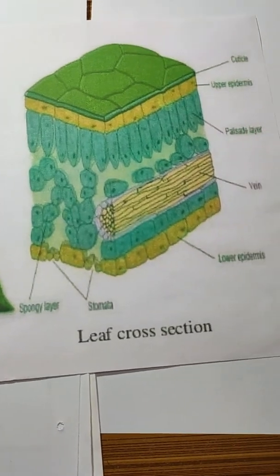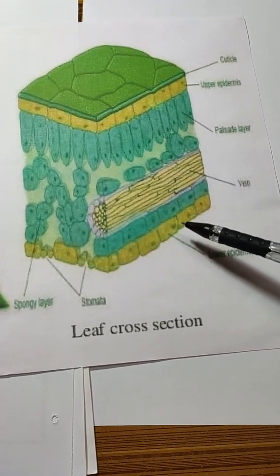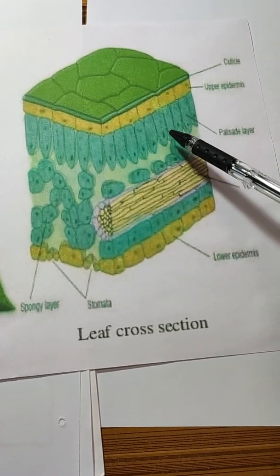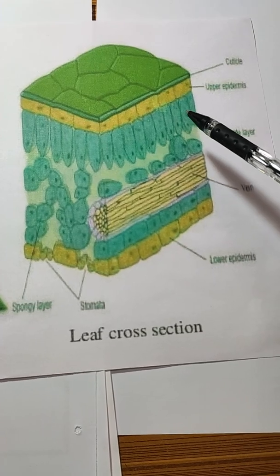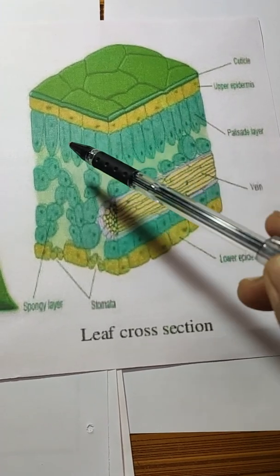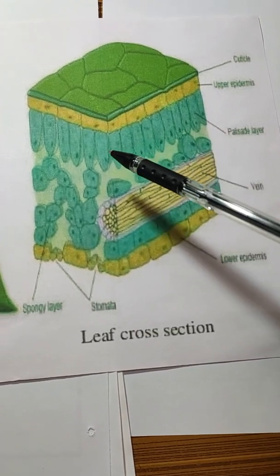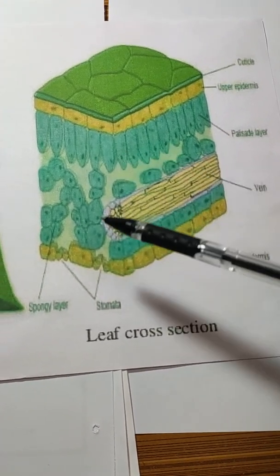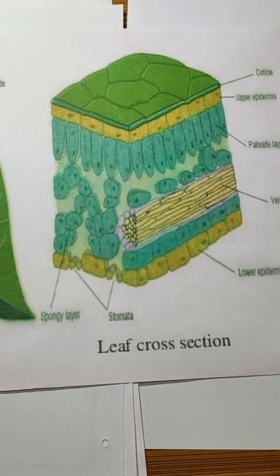When you take a cross section of the leaf, we see this is the upper surface, this is the lower surface, and these cells contain chloroplast. The cells aligned on the upper surface show more chloroplast as compared to the cells at the lower surface.